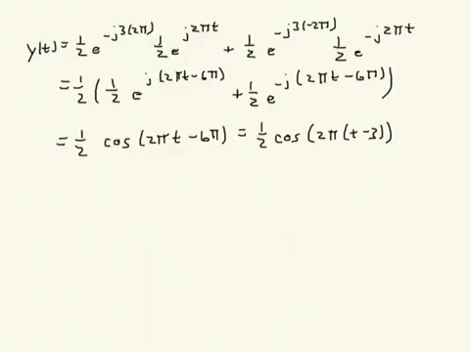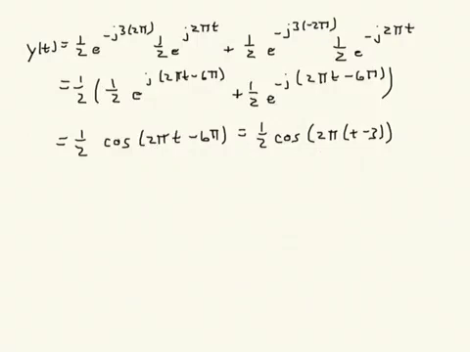And that indeed is what we got, because the phase at 2 pi is minus 6 pi, so it was phase shifted by that amount. We get the same cosine out, but it's multiplied by a factor of 1/2 because that's what the frequency response of the filter did. It had a magnitude of 1/2 at 2 pi, and it had a phase of minus 6 pi at the frequency of 2 pi.